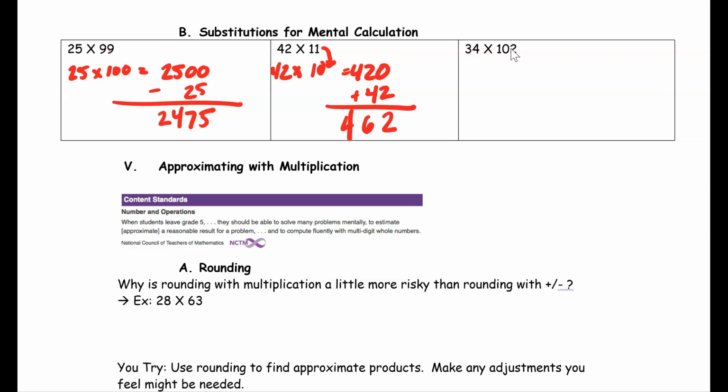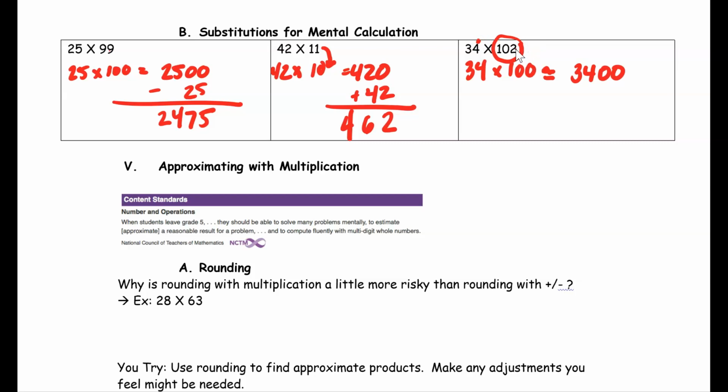Okay. With this one down here, ask yourself which one of these numbers is closer to a number that would be easier to multiply with. 30 times 102, that's not that simple. But if we make this 100, 34 times 100, that we can do in our heads. So 34 times 100 is 34 and 2 zeros. But I need 102 34s.